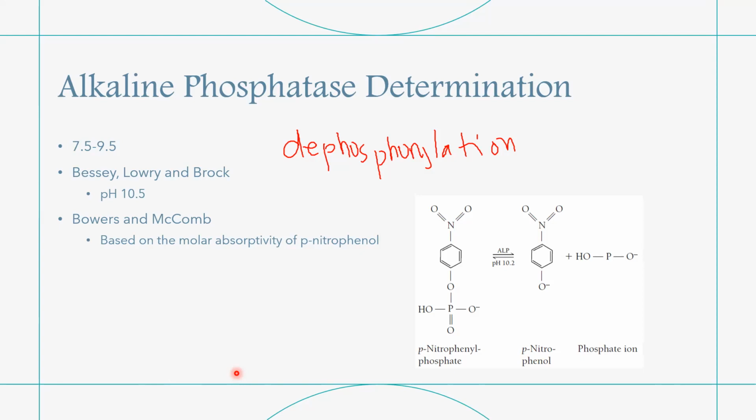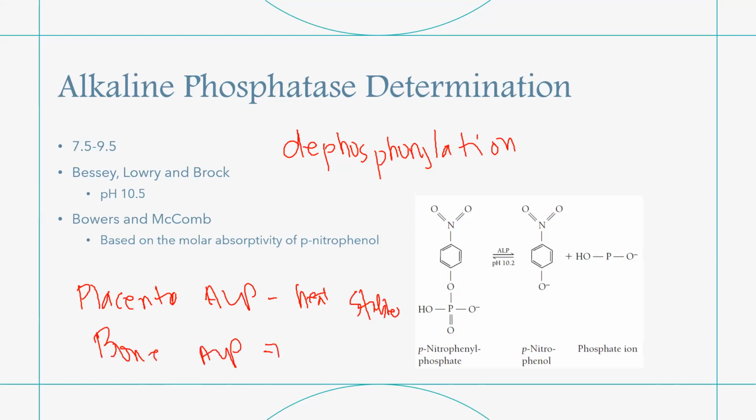Take note that the placental ALP is heat stable, while our bone ALP is heat labile.